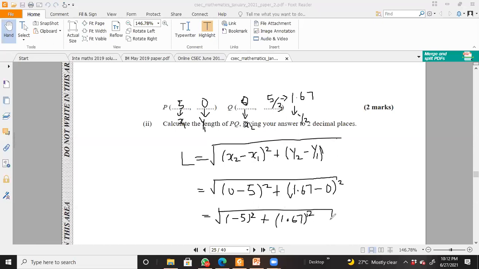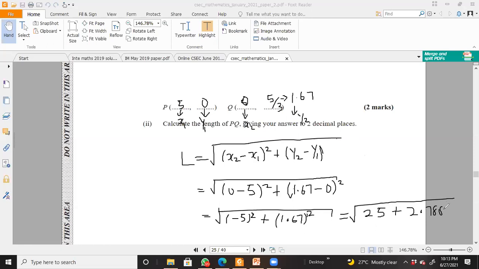All right. So when we work this out, what do we get? 25, yes. Plus what? What is 1.67 squared? 2.7889. Right, so don't round it off yet. You see they asked for 2 decimal places.